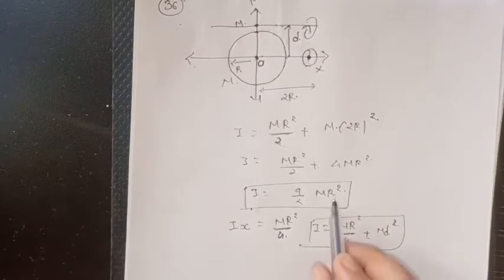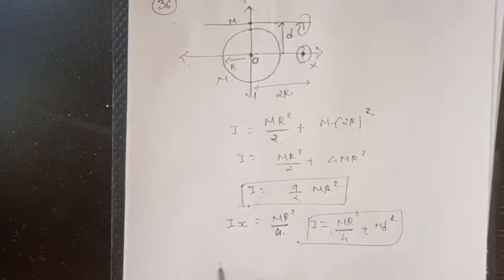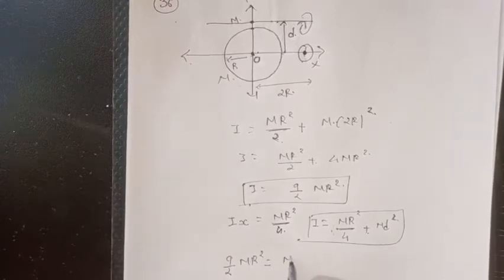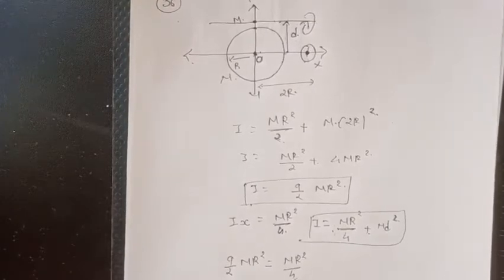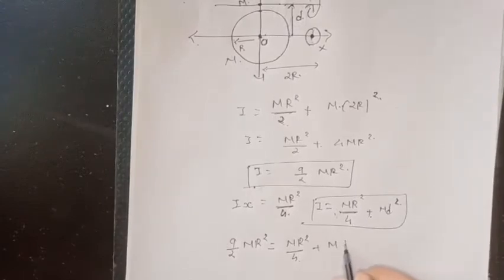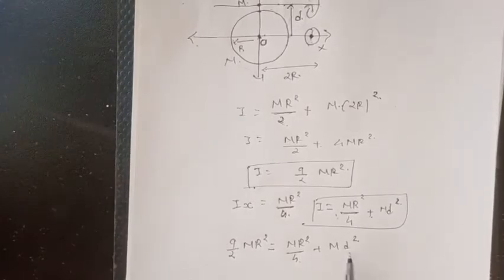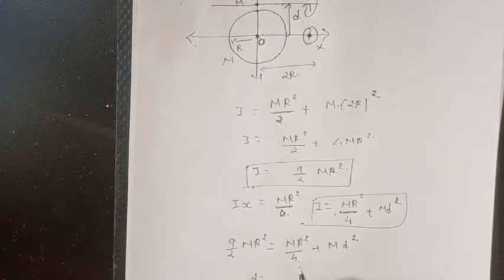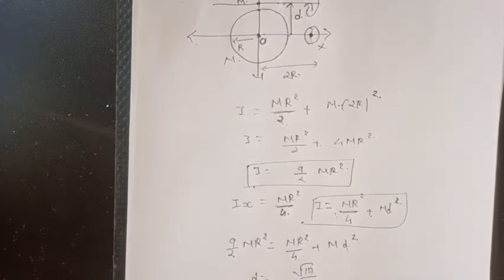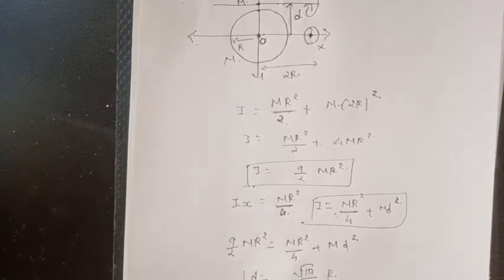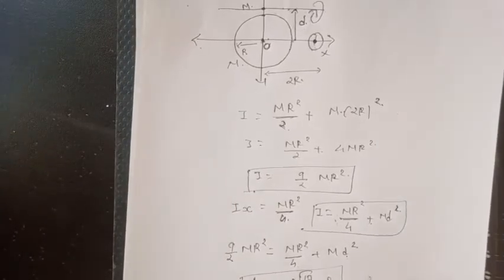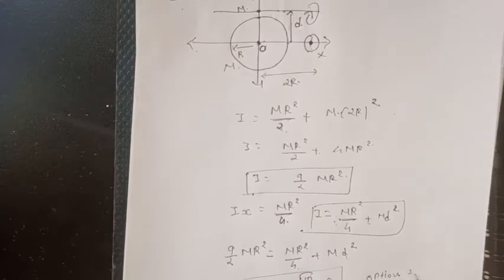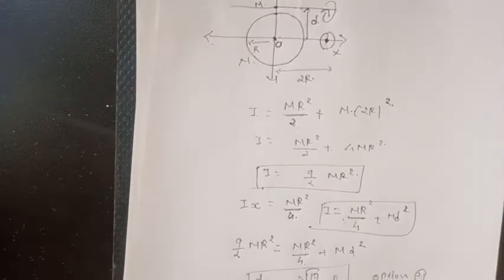It is given that both values are the same, so we can compare: 9 by 2 mr square is equals to mr square by 4 plus m d square. Simplifying, we want to find the value of d. By simplifying, we get d is equals to under root 17 by 2 r. So option 2 is the correct option.